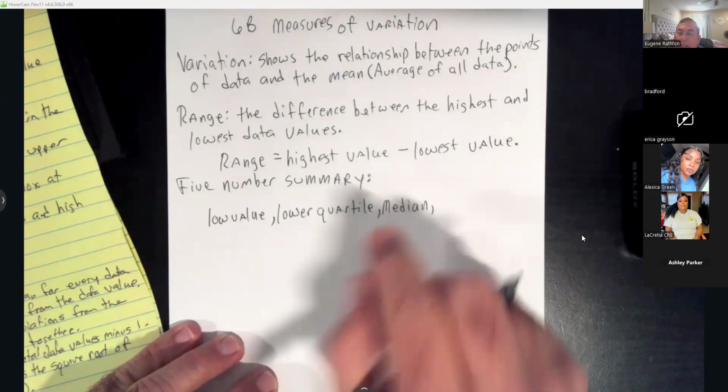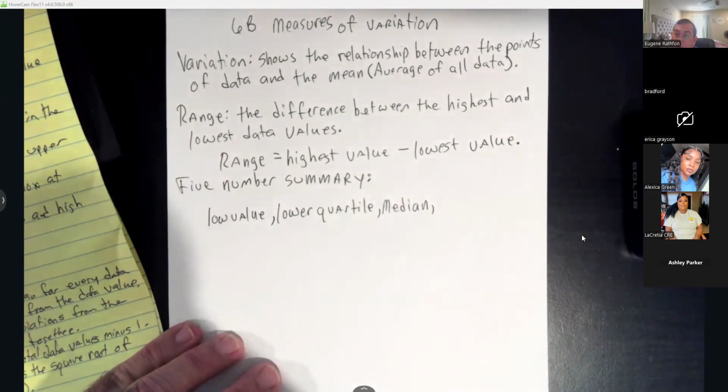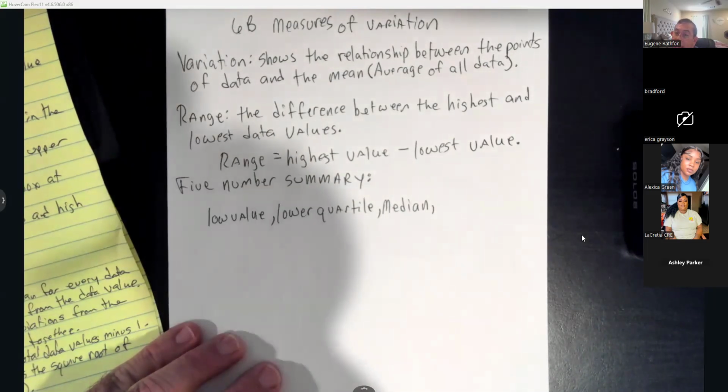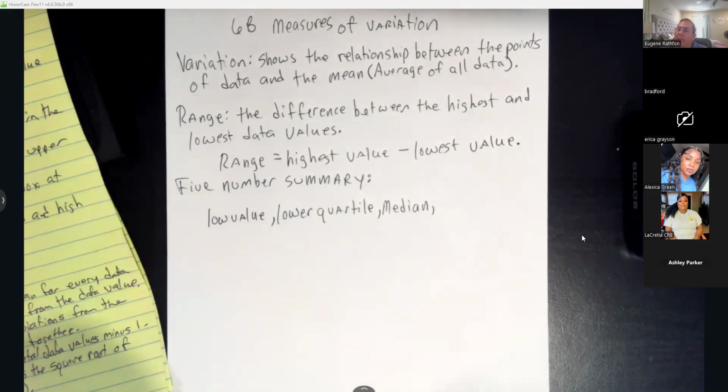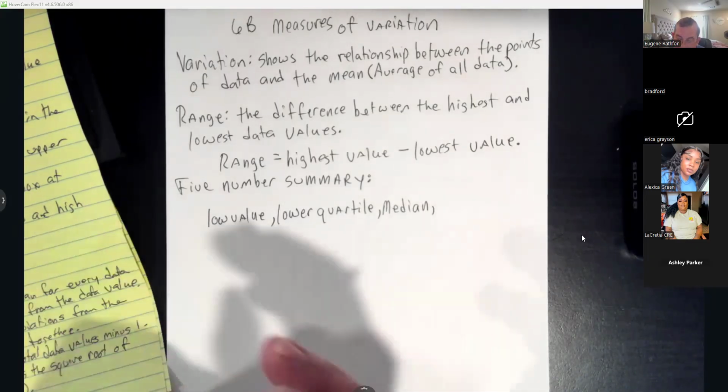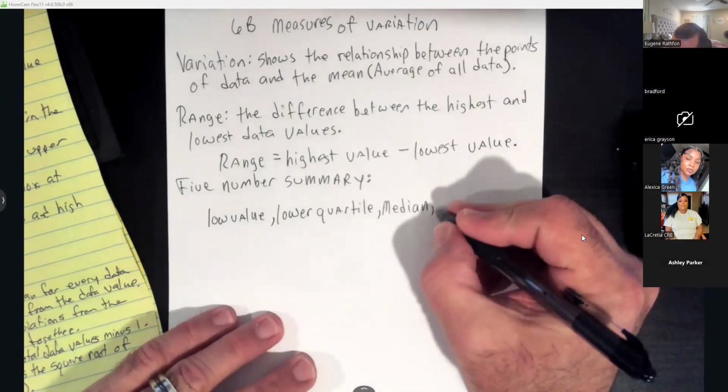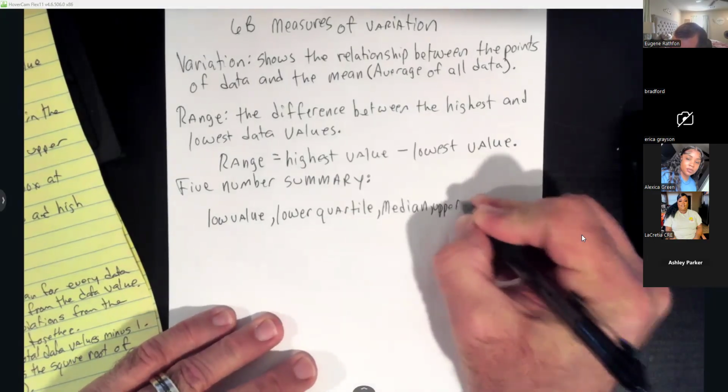And y'all remember, median is the middle value, okay? So if it's odd number of data points, it equals that middle number. If it's an even number of data points, then remember we took the two middle numbers, added them together, and then divided that by 2 to get our median. All right, next we got an upper quartile.